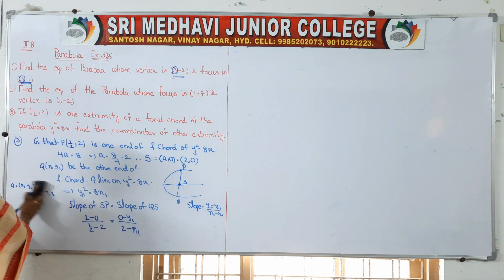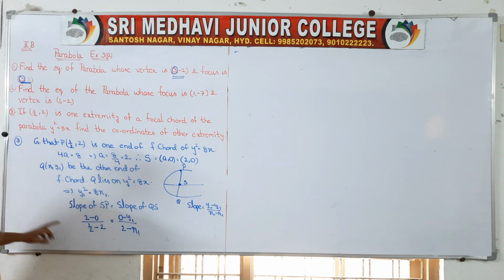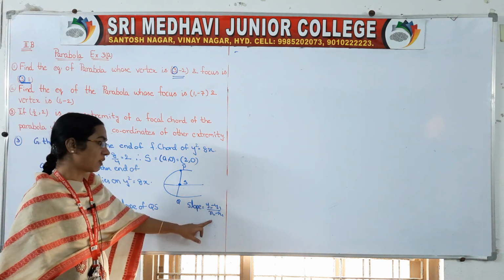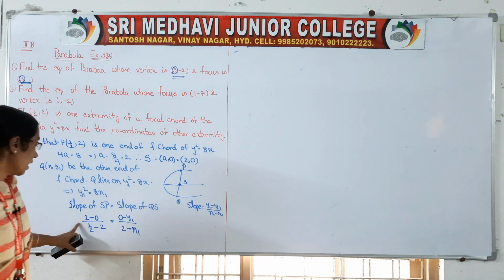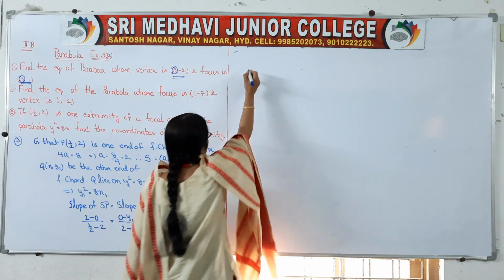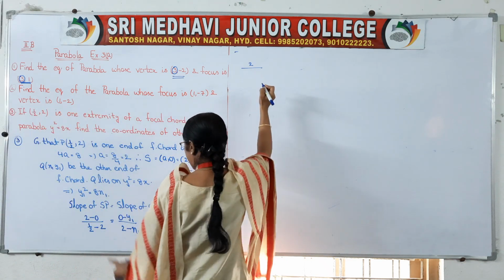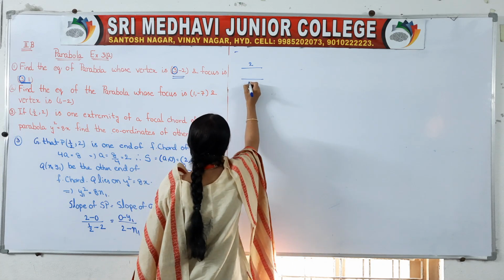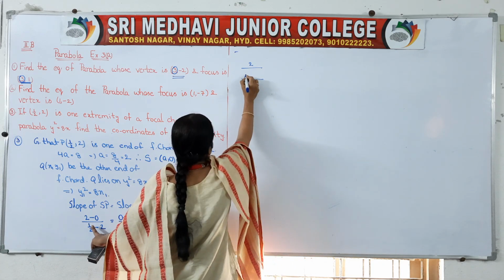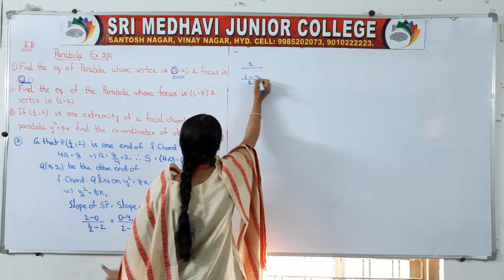Like that you have to substitute. Be careful while taking the values. We have to take correctly (y2 minus y1) by (x2 minus x1). So here we will have 2 by taking the LCM as 2, it is 1, 2 2s are 4.